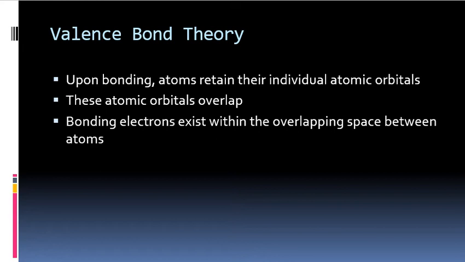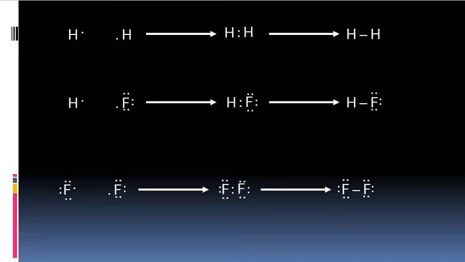That's the key to valence bond theory. Those atomic orbitals remain. But in the area of overlap between bonded atoms, that is where your bonding electrons will be localized. Therefore, to show it as a nice little diagram, let's take hydrogen and fluorine.